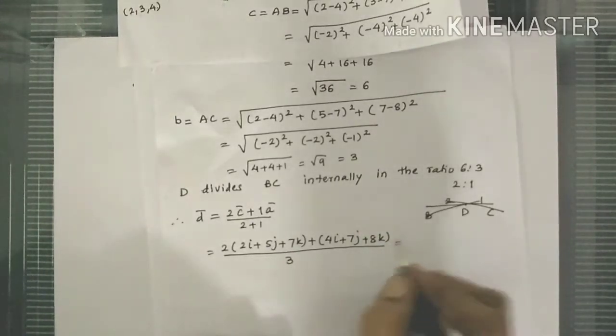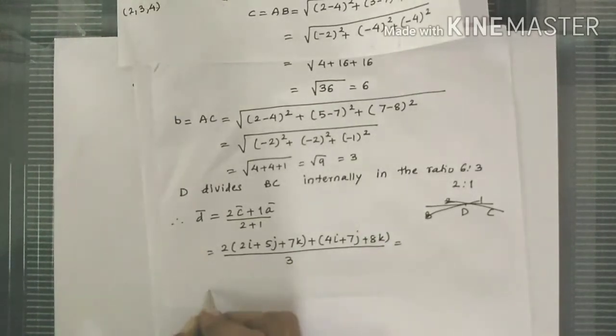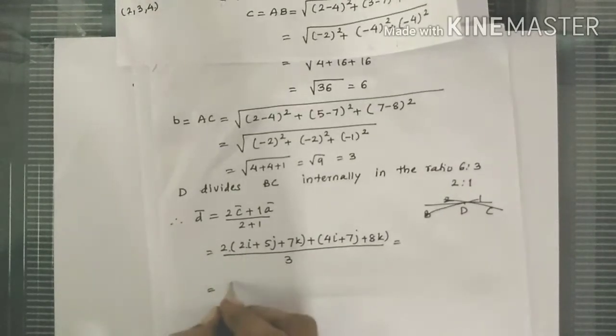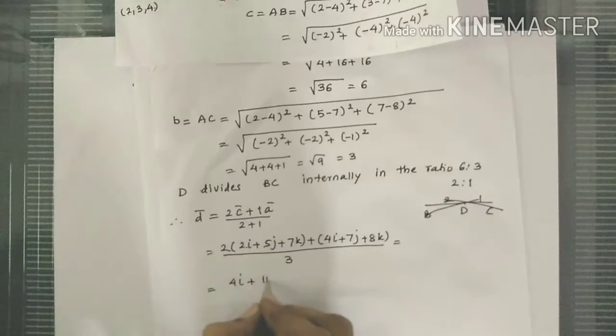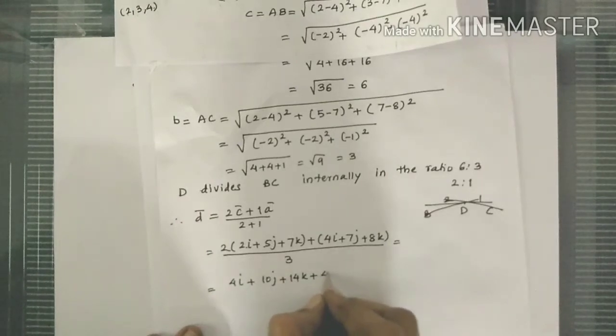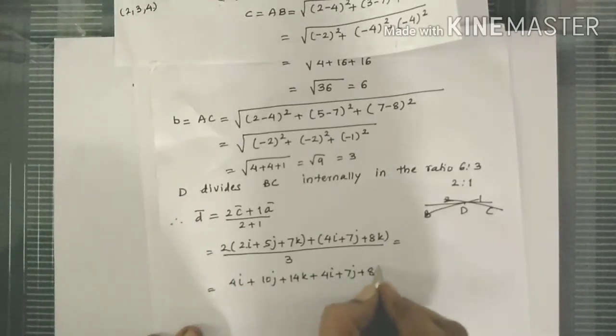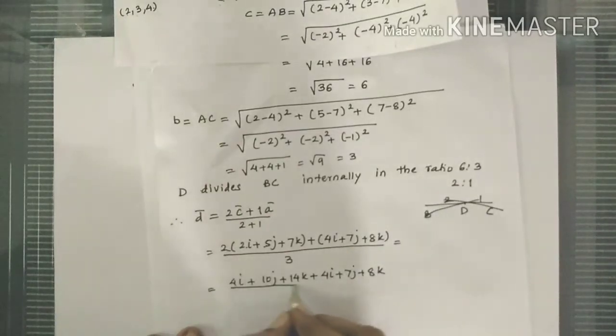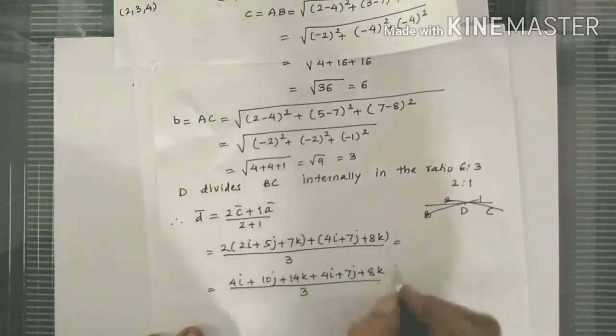So that is equal to, let's write here, 4i plus 2 into 5, that is 10j, plus 14k, plus 4i plus 7j plus 8k upon 3.